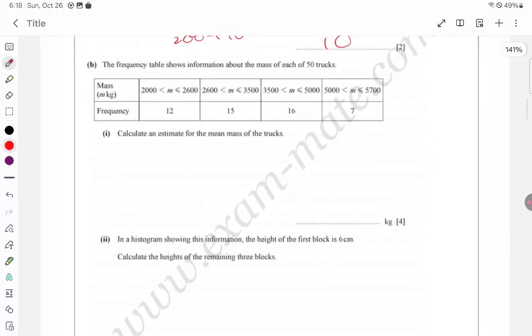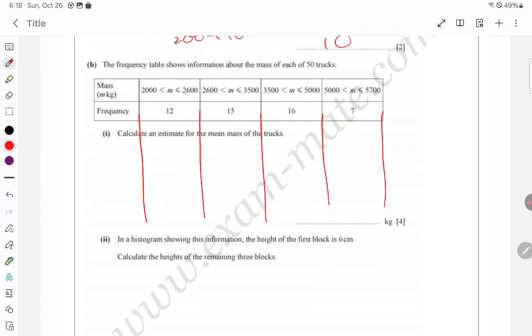In part B, the frequency table shows information about the mass of each of 50 trucks. Now we have to calculate the mean mass of the trucks. In order to calculate the mean mass, again 2600 plus 3500 divided by 2 to get our x.